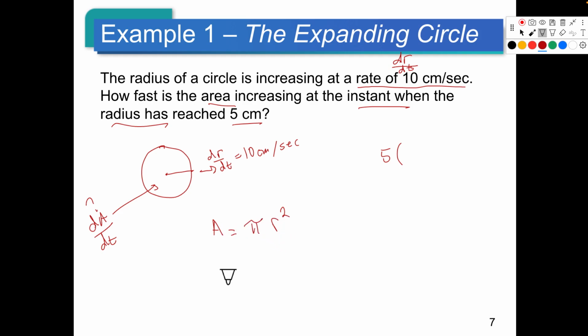If we want things to be changing, that's where the derivative comes in. So we're going to take the derivative of both sides. We take the derivative of area with respect to time. And again, time is involved here, the rates in time. And that's going to be equal to, now remember, pi is not a variable, it is a number, 3.14 and so on. So we just treat that symbol as a constant multiplier. When we take its derivative, it just stays there. So what do we get when we take the derivative of the right-hand side?